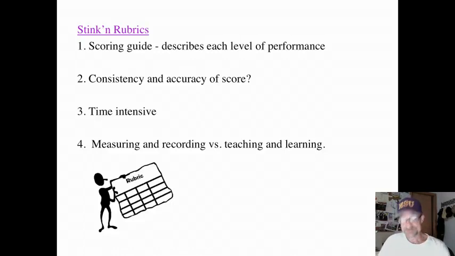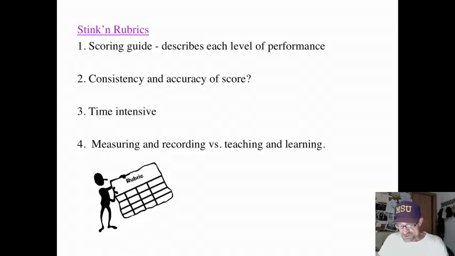I find them very time intensive in their construction and use, and I do not find that I get anything more out of a rubric than I do out of a teaching checklist or a rating checklist. And again, it moves the focus from teaching to recording. Rubrics to me are too cumbersome to be very useful.